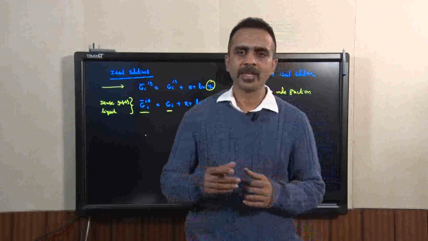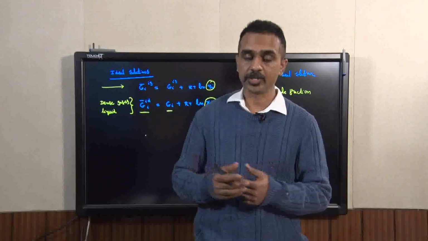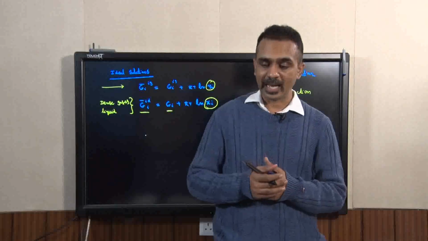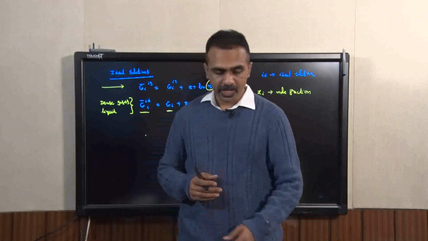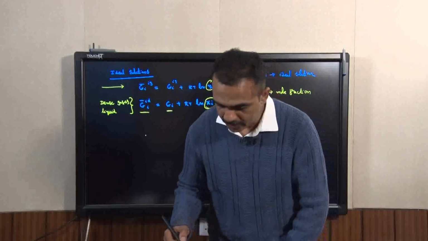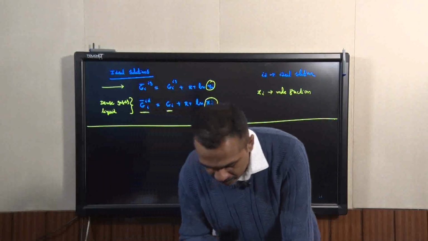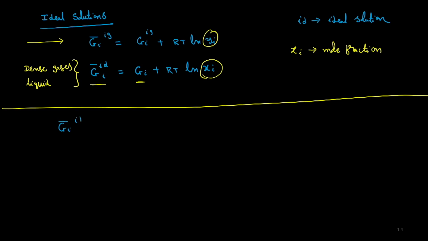For example, adjacent species in a homologous series or isomers can be well defined using an ideal solution behavior. Now, because of this reason, we can use the relationships we have developed earlier to calculate the other thermodynamic properties for an ideal solution.